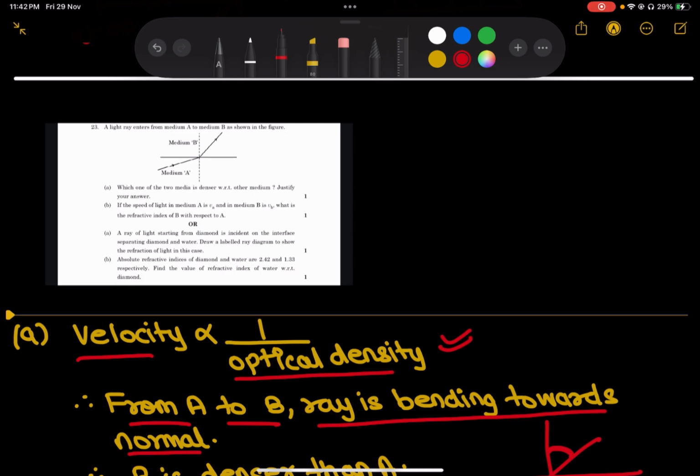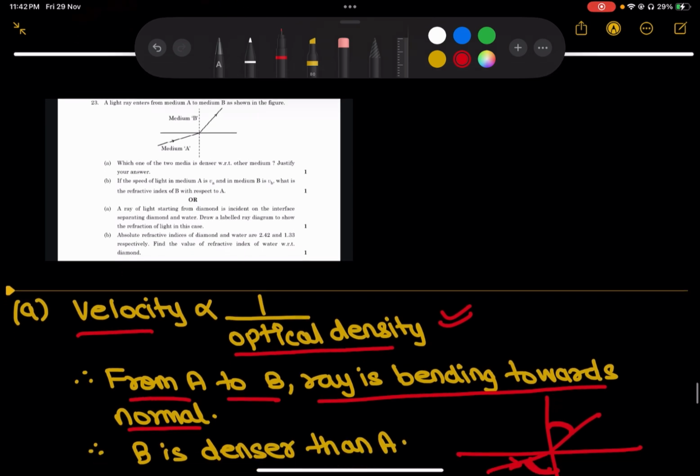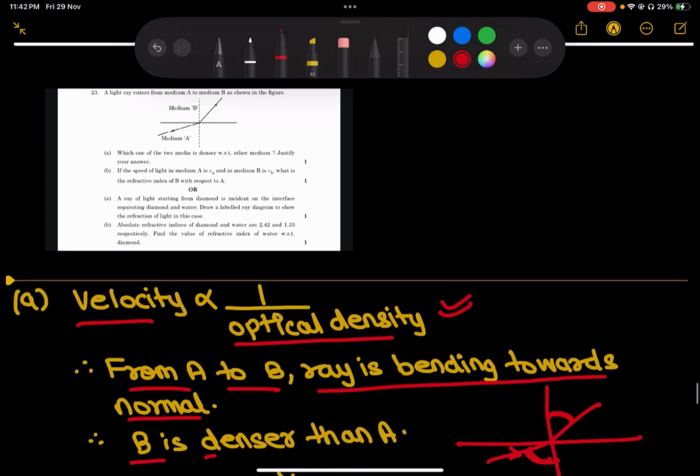So the velocity in air is more, but the density is less. That indicates that velocity is inversely proportional to optical density. Hence we can say that B is denser than A because the ray is bending towards the normal when it goes from A to B. Simple. B is denser than A.